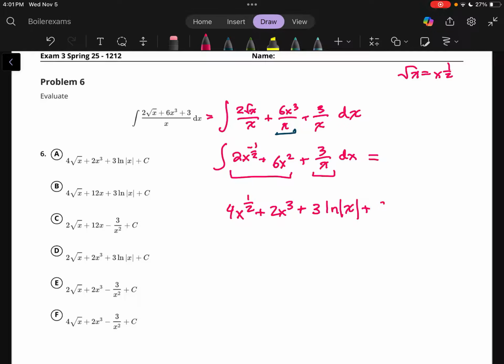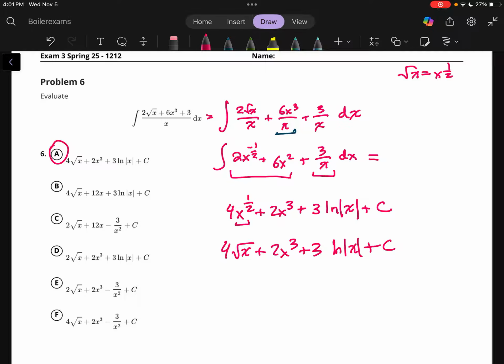Lastly, we add a plus c. Then we rewrite x to the power of 1/2 as square root of x. Our final answer is 4 times root x plus 2x cubed plus 3 times natural log of the absolute value of x plus c, so the correct answer to problem 6 is A.